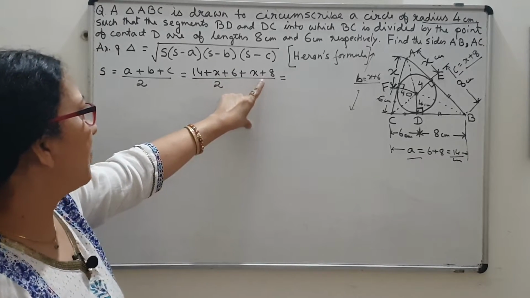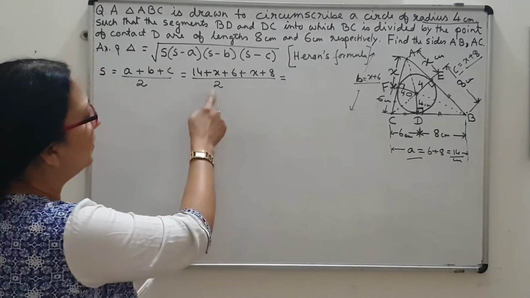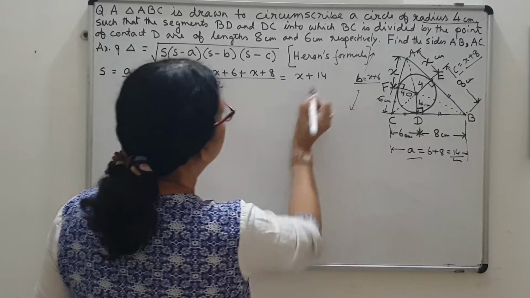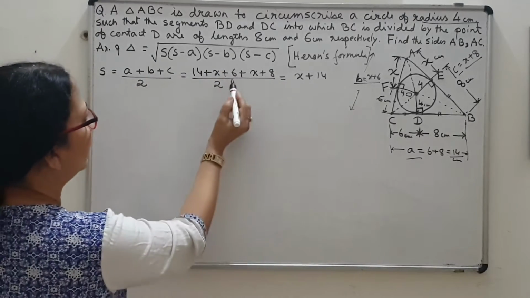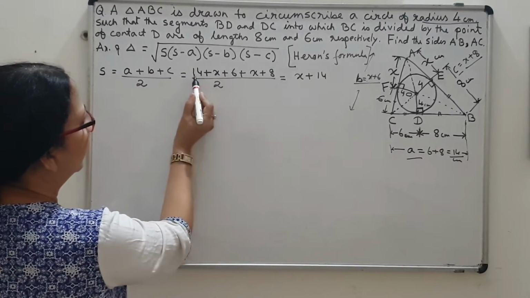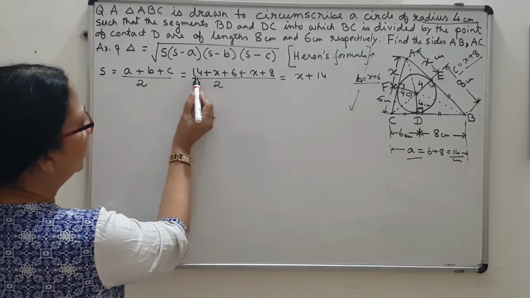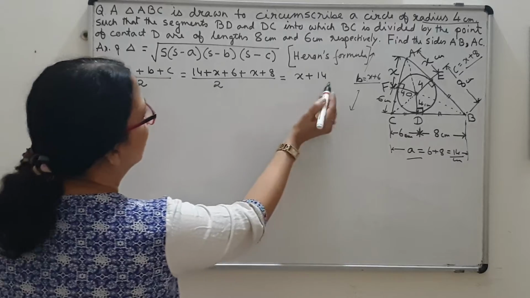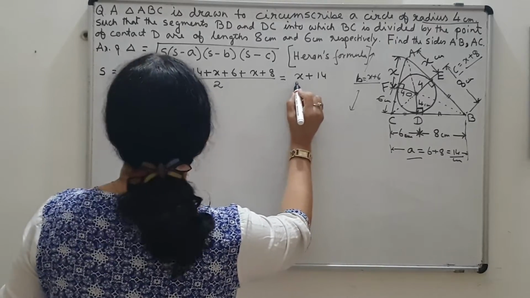So twice of x plus 14 divided by 2 will be x plus 14 only. 2 into 14 divided by 2 is 14, and 2 into x by 2 is x. So this is the value of S.